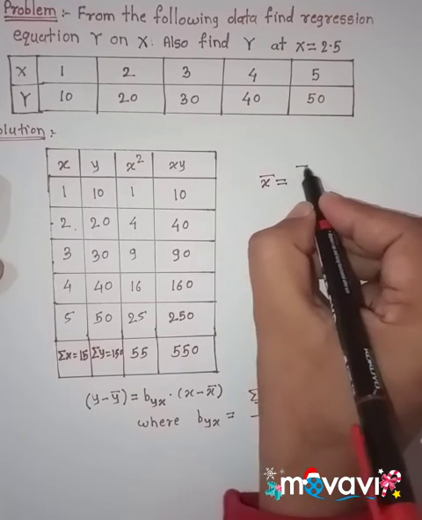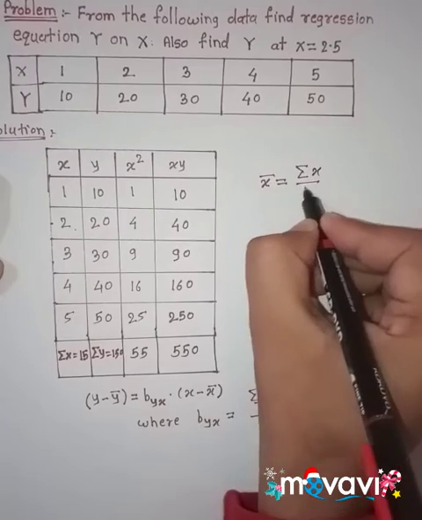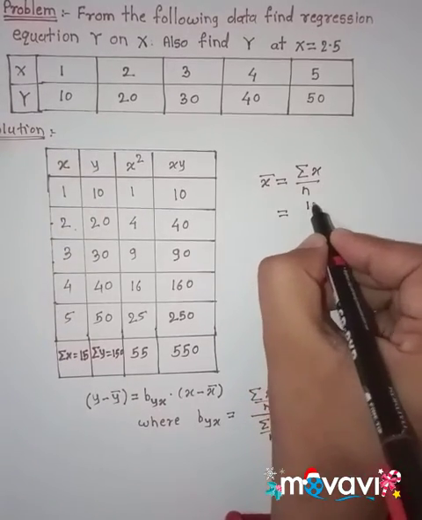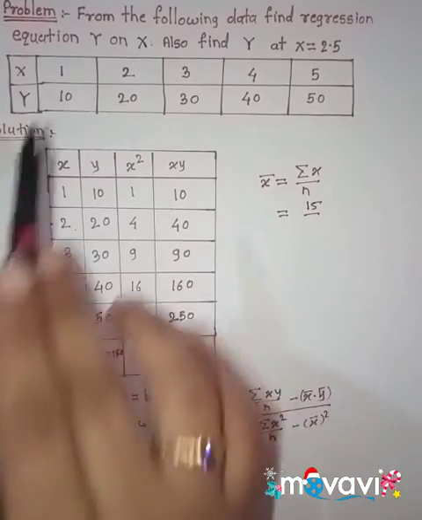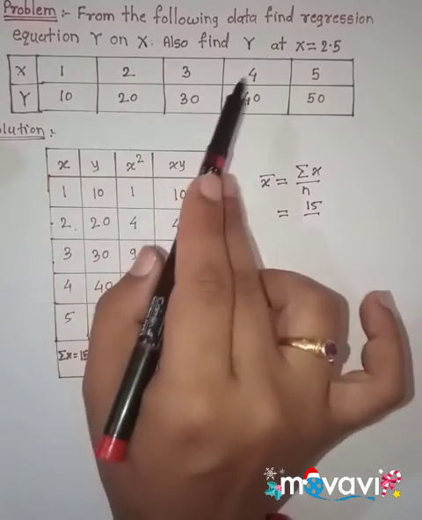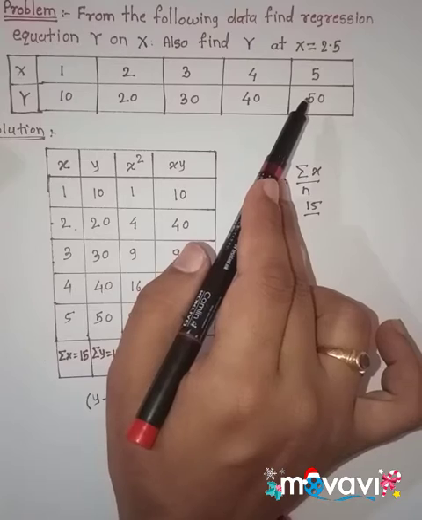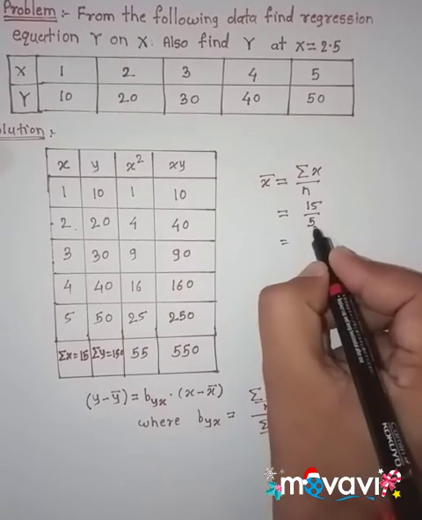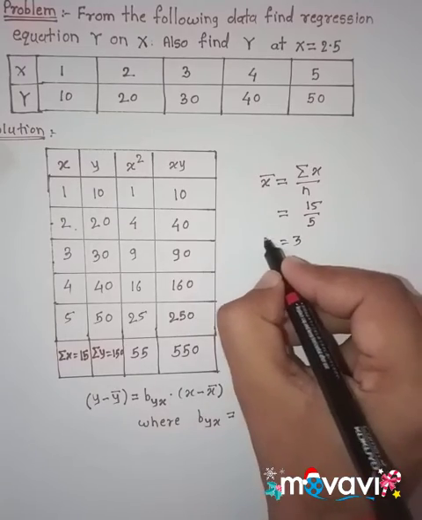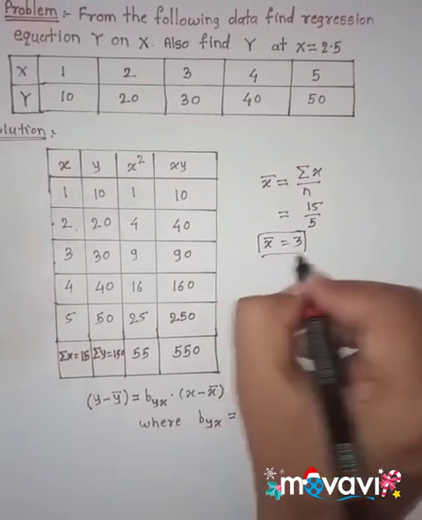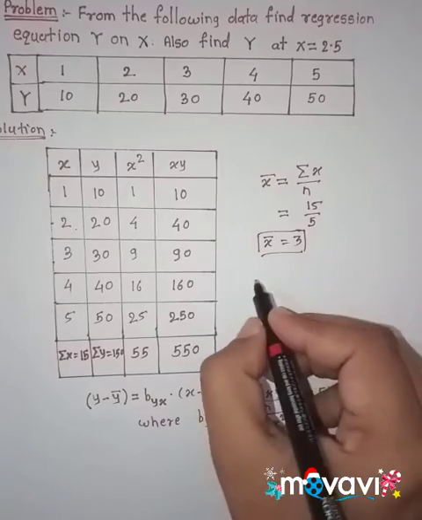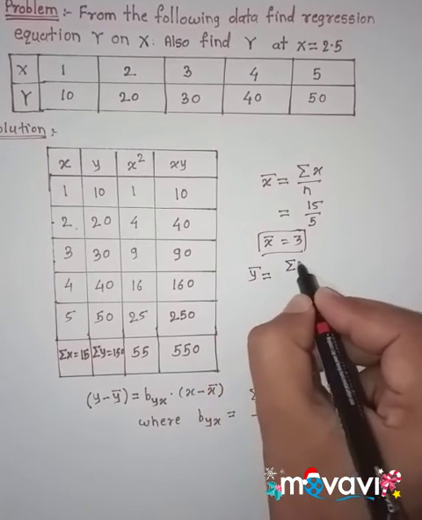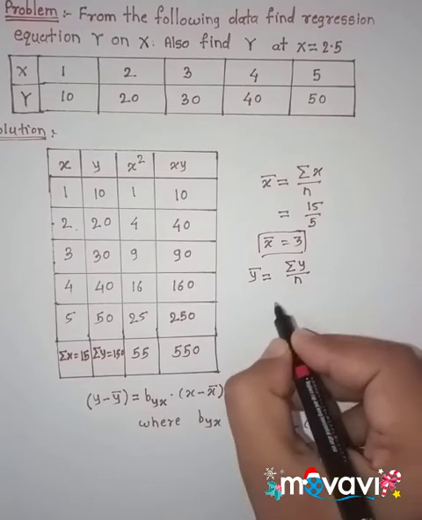X bar is summation x upon n. So here summation x is 15. How many pairs of observations are given? 1, 2, 3, 4 and 5. 5 pairs of observations are given. So the value of n is 5. So 15 upon 5 is 3. So our value of x bar is 3. Then y bar is summation y upon n.